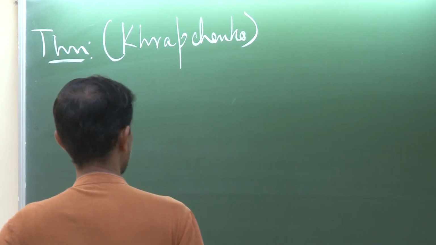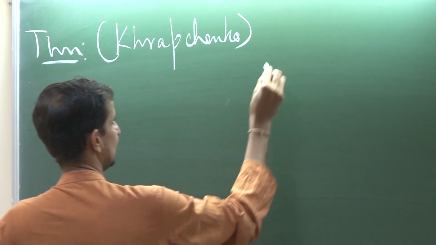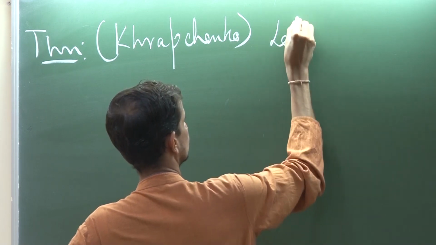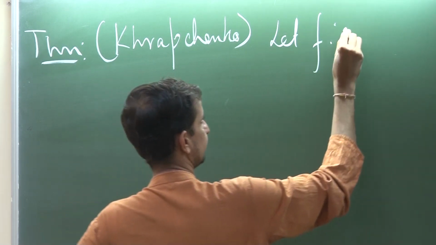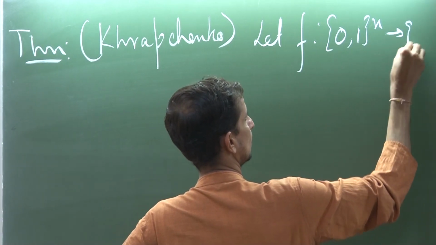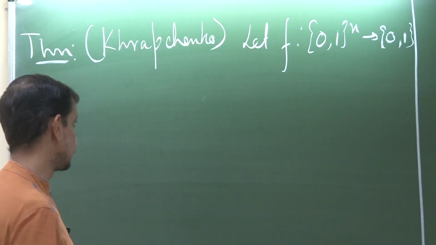The theorem says that suppose you have a Boolean function f. Let f be a function from zero one to the power n to zero one.